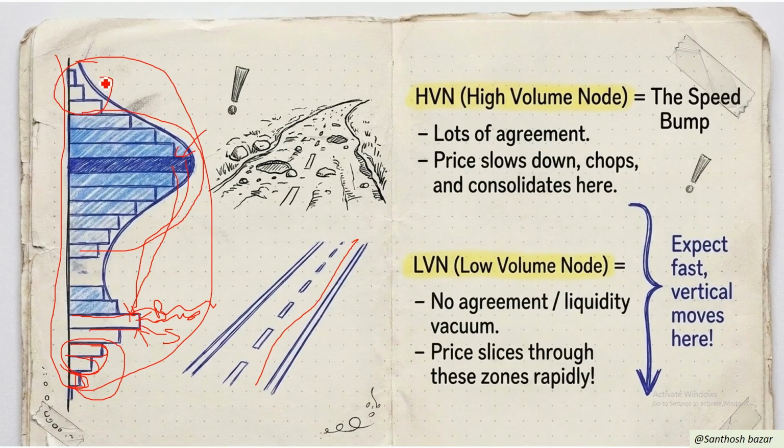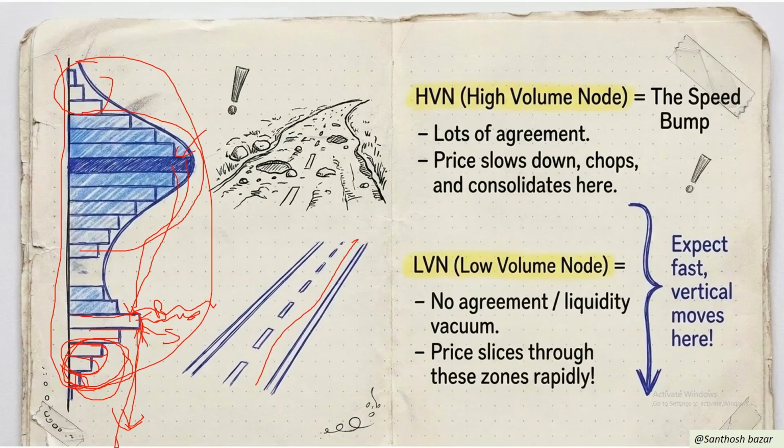Because there are very few buy and sell orders resting in this zone, price slices through LVN rapidly. If this breaks this high volume node, it will slice down rapidly because there is no proper memory here, or else there is no proper agreement of price between buyers and sellers here.